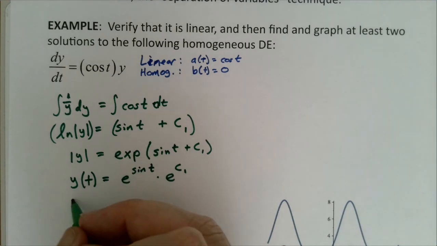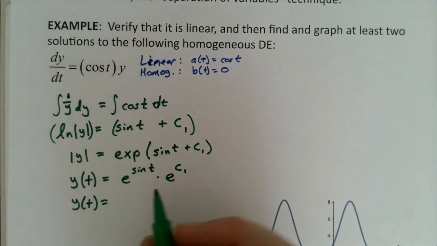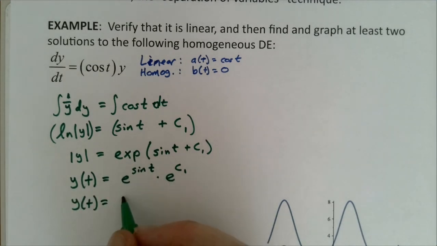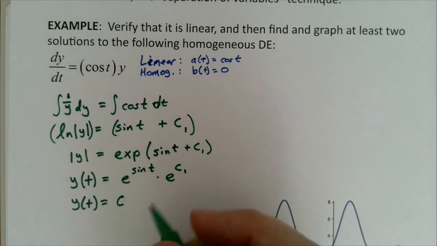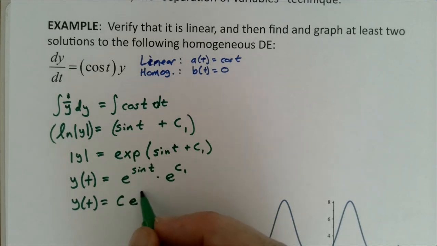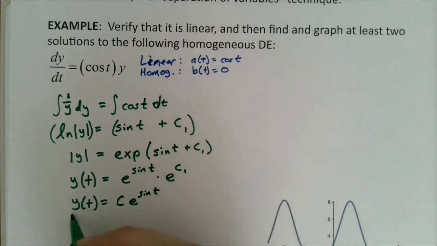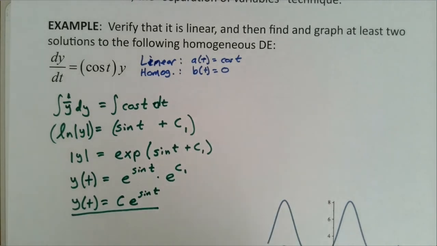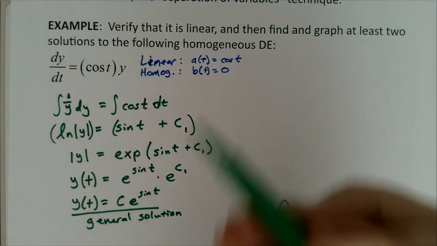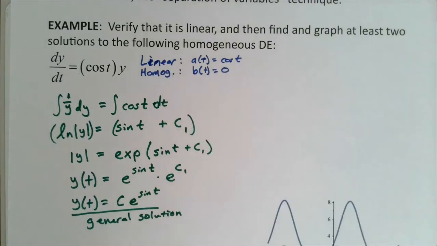So really, my general solution is, I'm going to move this constant out front and call it c, so c e to the sine t. And this right here, that is my general solution, right? It's a general solution because we have that constant due to integration. And that is the general solution for this linear homogeneous differential equation.